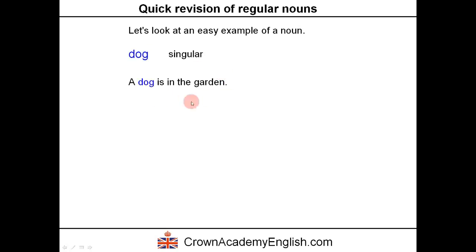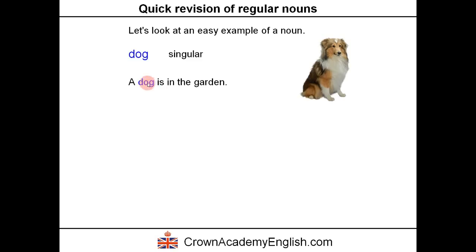So an example sentence, a dog is in the garden. So notice, the dog is singular, and dog is the subject of the sentence. And notice that the verb agrees with the subject, with the noun.